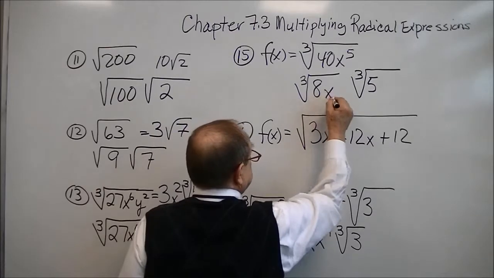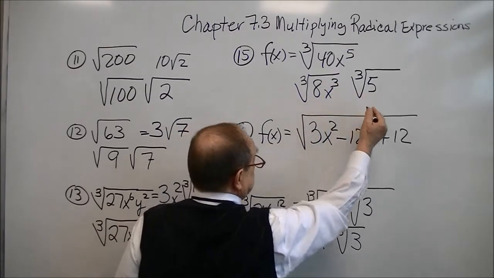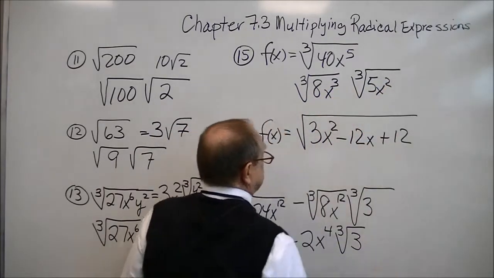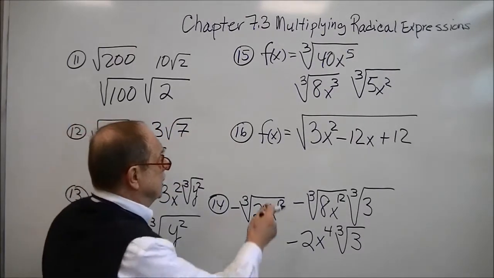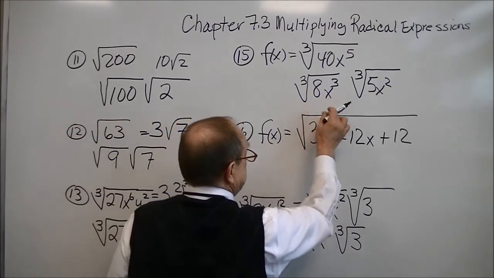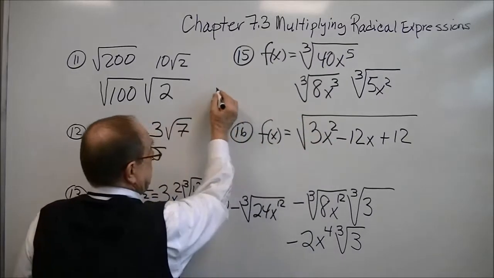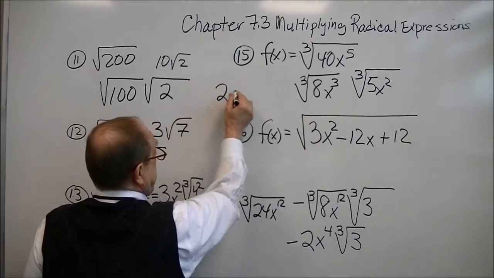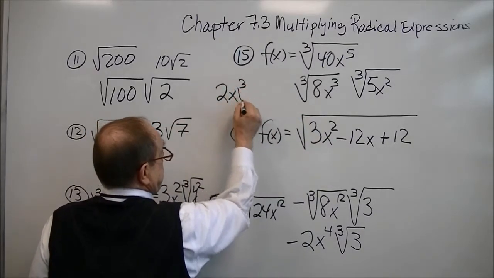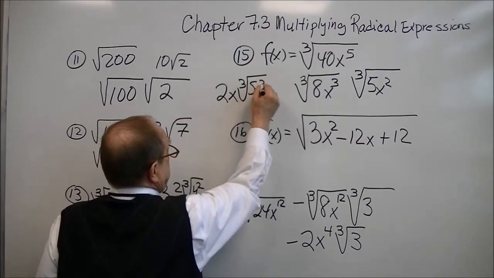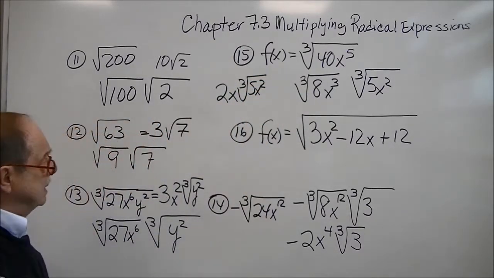Yes, x to the 3rd. What's left over? x to the 2nd. So this will become, I'll write it over here, 2x, the cube root of 5x squared.